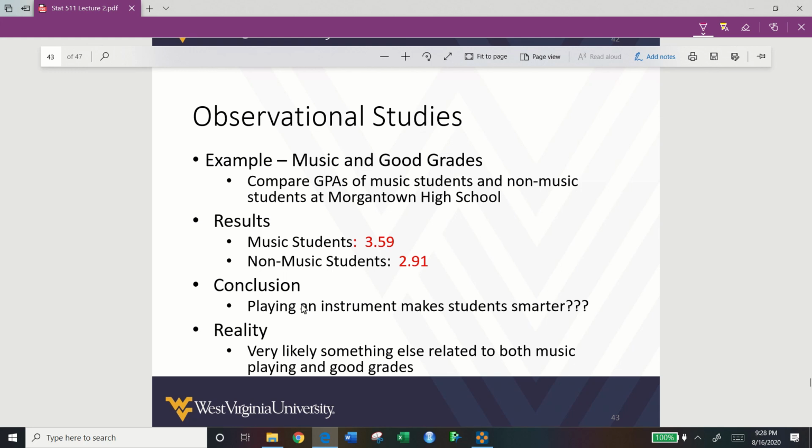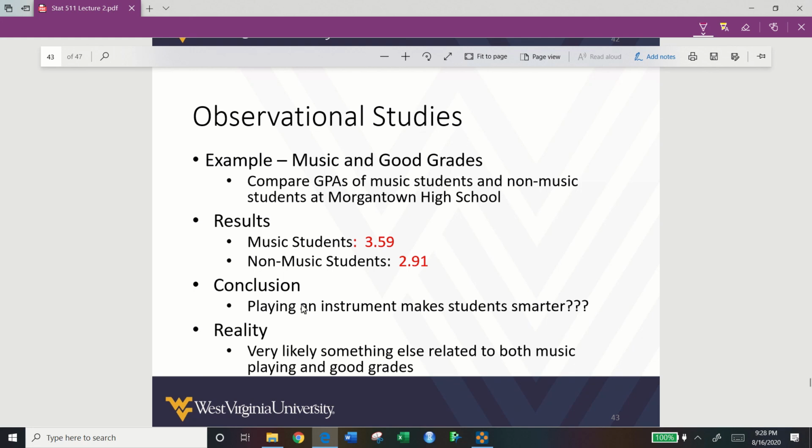An example of this would be music and good grades. We could compare GPAs of music students and non-music students at Morgantown High. Looking at this, we would conclude that playing an instrument makes a student smarter.